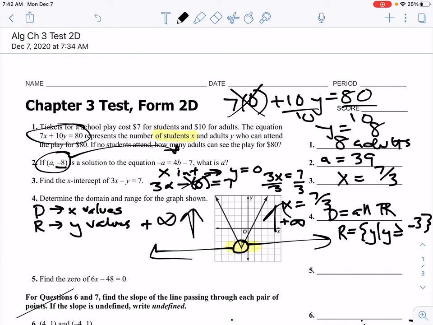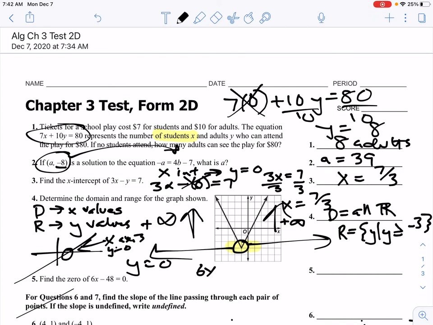All right, and then for this last one, when you find the 0 of something, it means you're finding it where y is equal to 0. Where y is equal to 0 is your 0 of the function. The 0 of the function is where it crosses on your x-axis, and you have to make that connection that on the x-axis, y is equal to 0. So what's weird about this equation is you don't have a y.